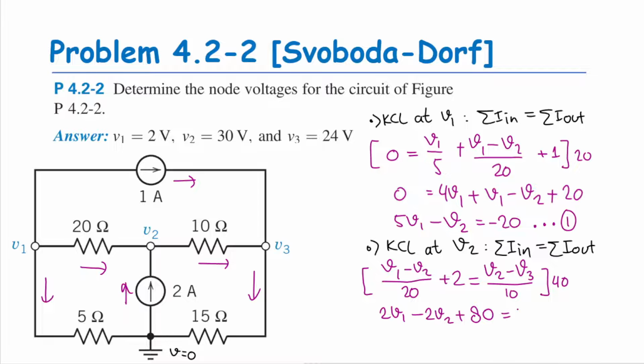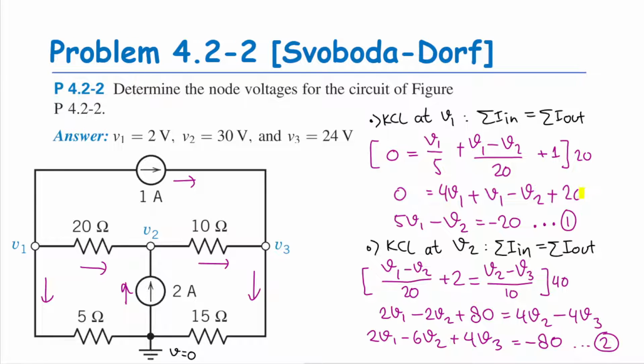And then that will equal 4V2 minus 4V3. Okay, we will have 2V1, then minus 6V2, and then plus 4V3, and that will equal, this 80 goes to the right hand side, so we will have minus 80. Maybe let's save this as equation number 2.